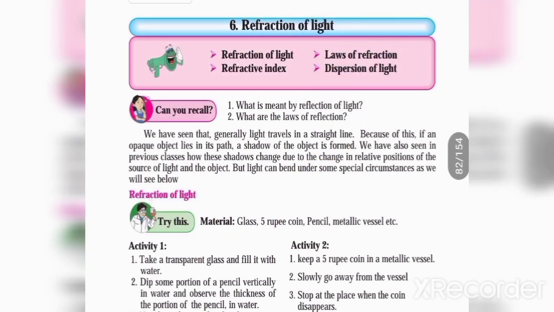What is meant by reflection? Once again, when the light ray is incident on any surface and bounces back from that surface, that is called reflection of light.